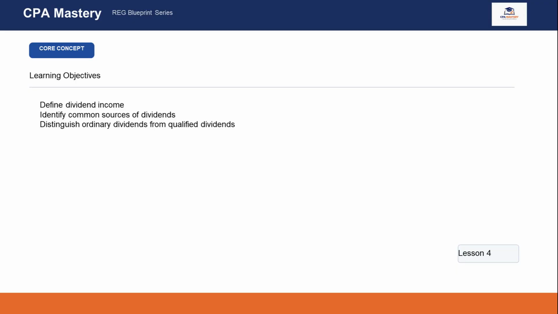Third, we want to distinguish between ordinary dividends and qualified dividends, because that distinction affects the tax rate applied to the income. For the CPA exam, the biggest mistake students make is confusing tax rate treatment with inclusion in income. This lesson will help you separate those two ideas clearly.